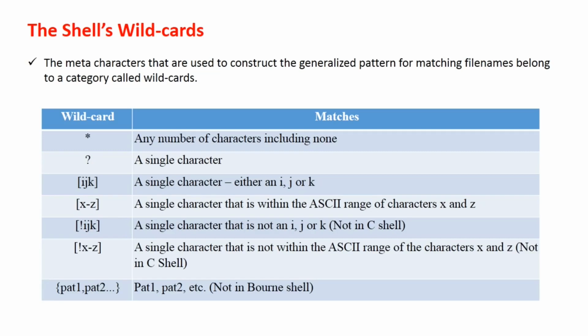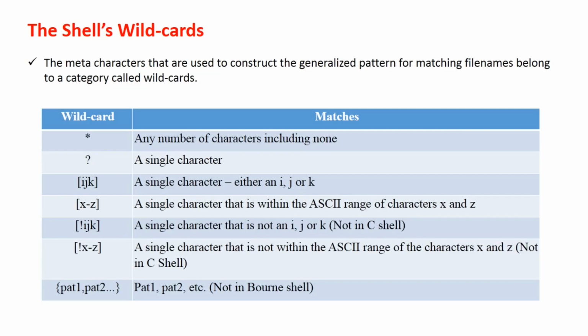So next one, inside a square bracket not ijk, that is a single character that is not an i, j or k. If you use this wildcard along with the command, it doesn't consider these three characters. Here you are using a not, so it doesn't consider i, j and k while matching a pattern.